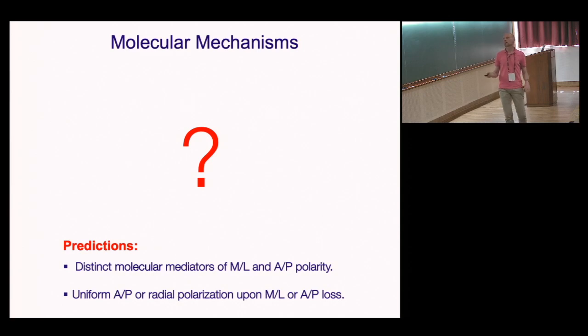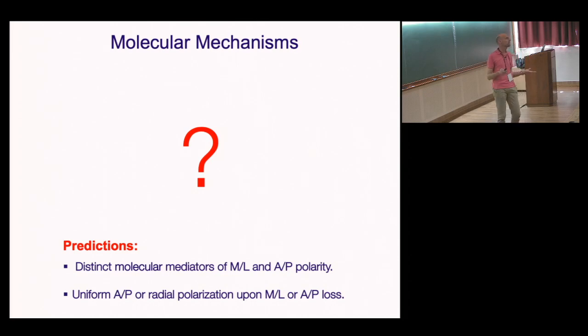And second, as a consequence of that, we would predict to have uniform AP polarization when this mediolateral component is missing.